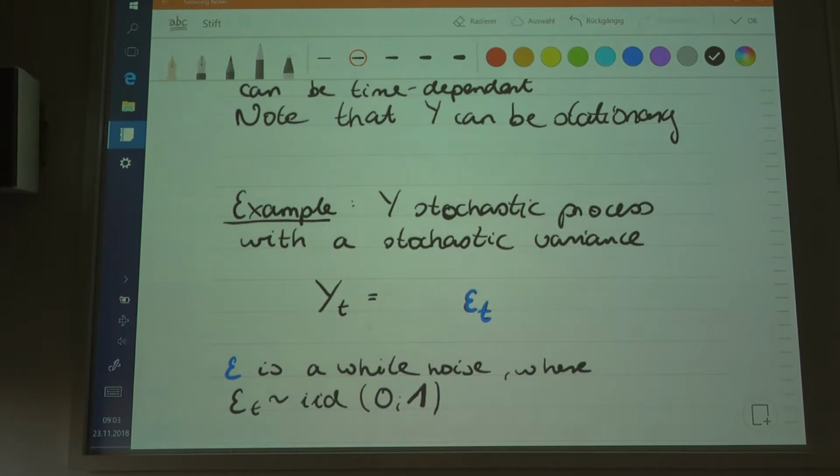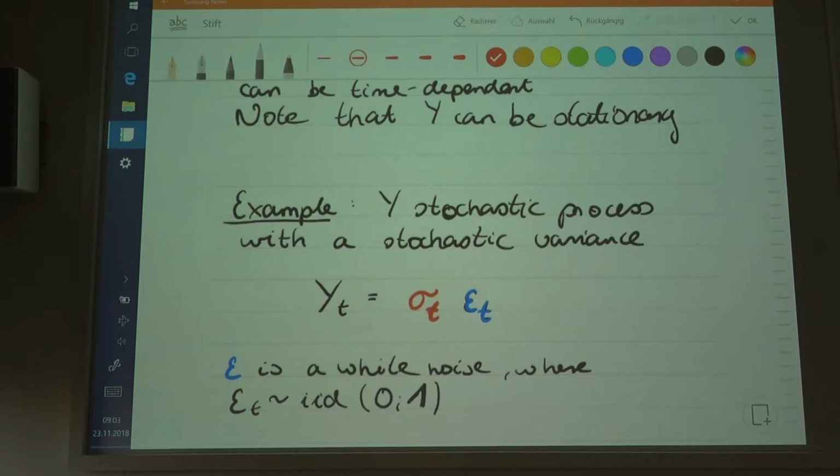But this time, we add another process, and I call this sigma. If you multiply the noise by sigma, you would get a white noise with the variance sigma squared. But here the variance is time dependent.